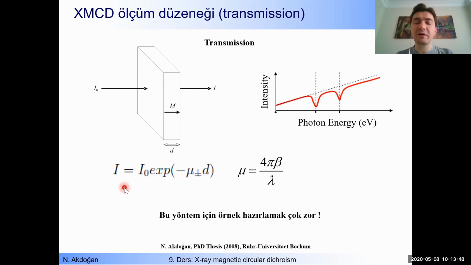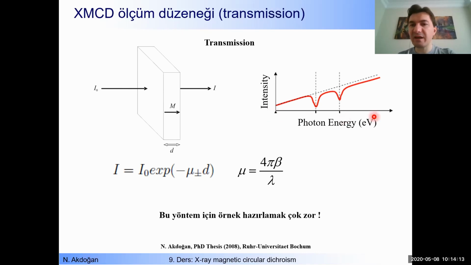But the important thing is that at the beginning you have many photons, and whenever they enter into the material, they will be absorbed, okay? But this absorption will be maximum around the L3 and L2 edges.